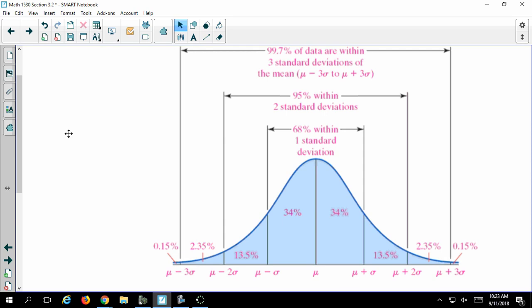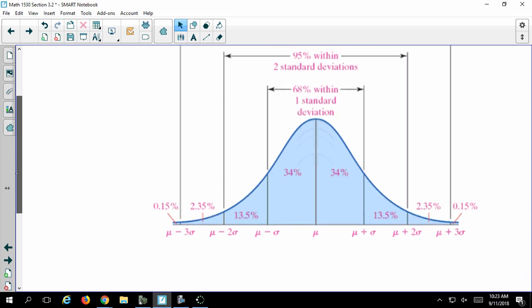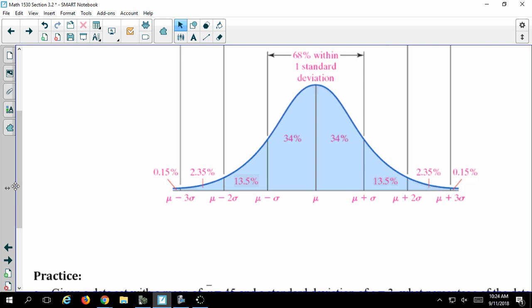In the normal distribution, your mean will be right in the middle. It's symmetrical. Your median too. Your mean and median will be right in the middle of your data. So this is the population mean mu. And then 1 standard deviation more than the mean would be mu plus 1 sigma, and 1 standard deviation less than the mean will be mu minus sigma.